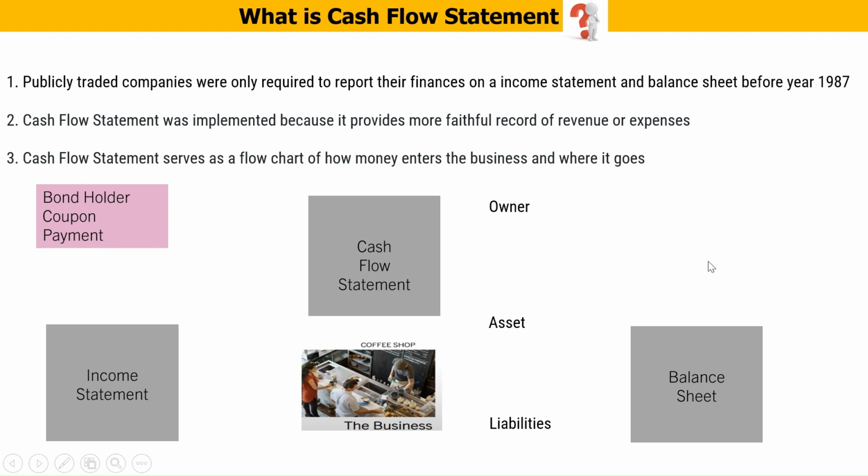When you are just working with an income statement and a balance sheet without a cash flow statement, you would see that maybe the liabilities would decrease, but you would not know how much of John's cash was being allocated towards paying off those debts. But now with the cash flow statement, you can see how much money he is using to pay off his debts and how much money he might be using to retire stock.